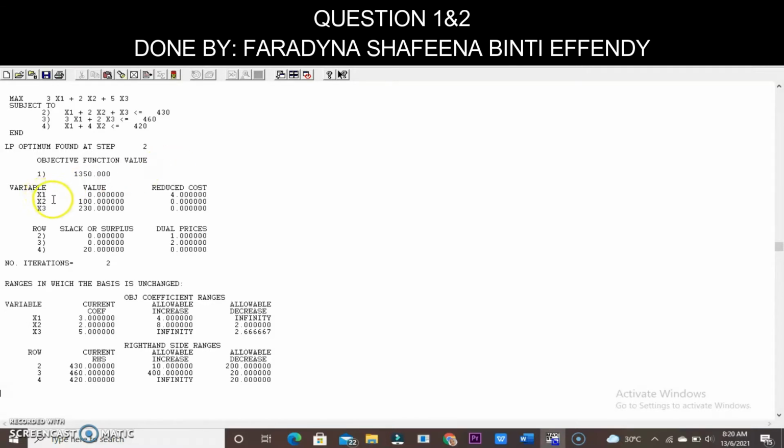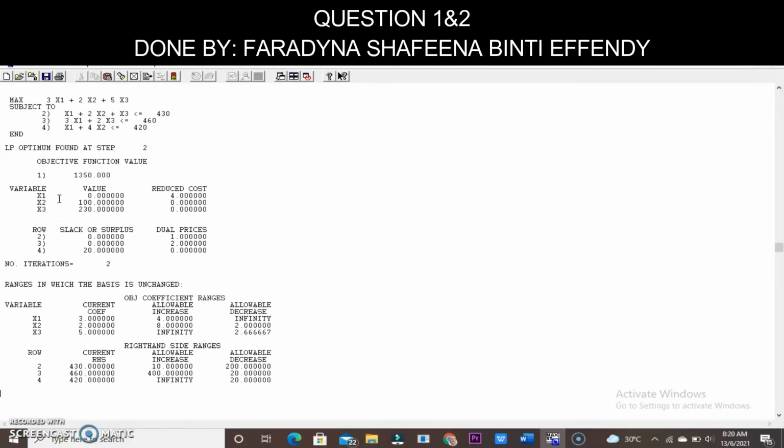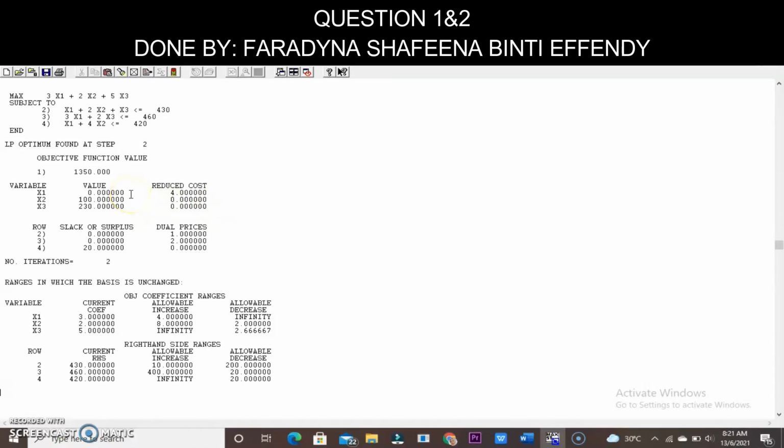And x2 and x3 here are the basic variables, whereas x1 is a non-basic variable. The reduced cost for a basic variable is always 0, while x1 is a non-basic variable, therefore the reduced cost is 4. This means an increase of x1 will decrease z by 4 ringgit. We can say that x1 is an unprofitable variable.